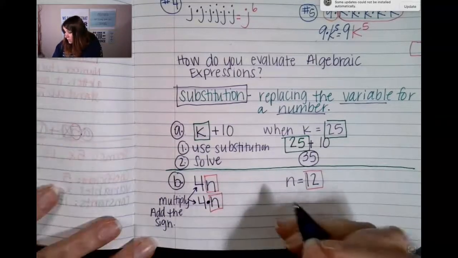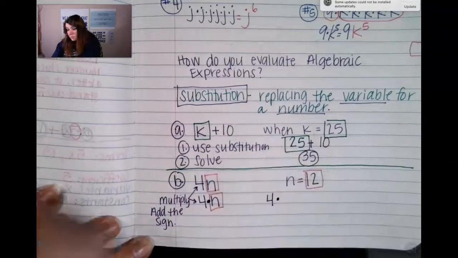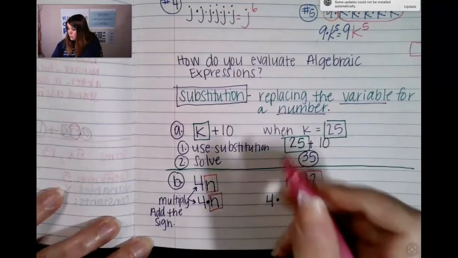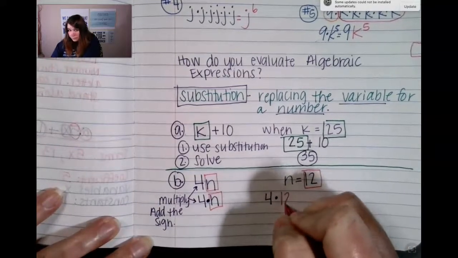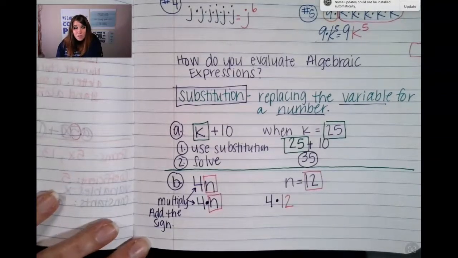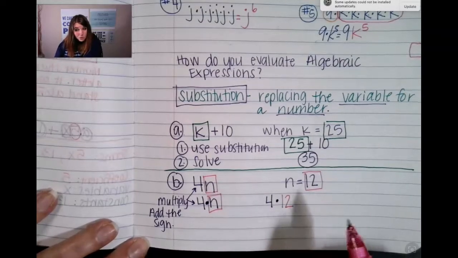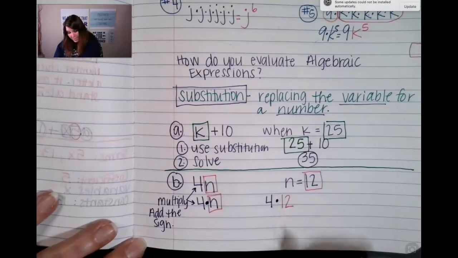Now, I'm ready to multiply. So this really is 4 times 12. Okay, well, Miss Englander, what is 4 times 12? Well, 4 times 12, we know, is 48 because 4 times 2 is 24, and 24 plus 24 is 48.